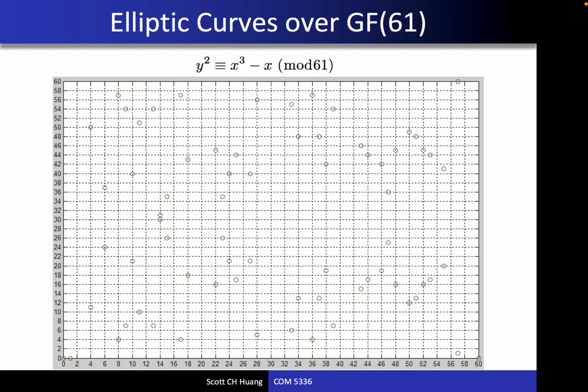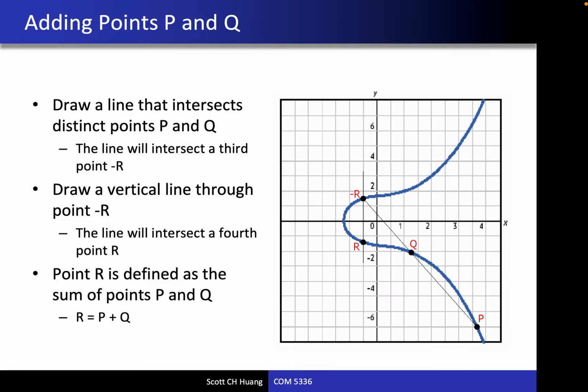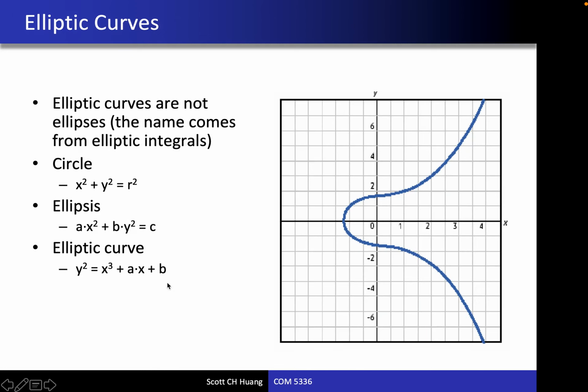So what are the sacrifices we make? If it's an elliptic curve over real numbers, then we can actually draw the curve. If it's an elliptic curve over a finite field, the elliptic curve may still look like this: we have x cubed, and we have y squared, ax plus b.